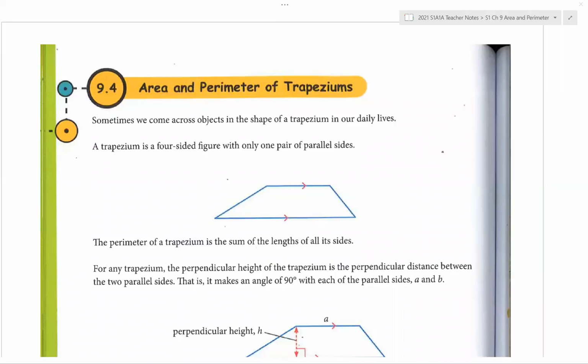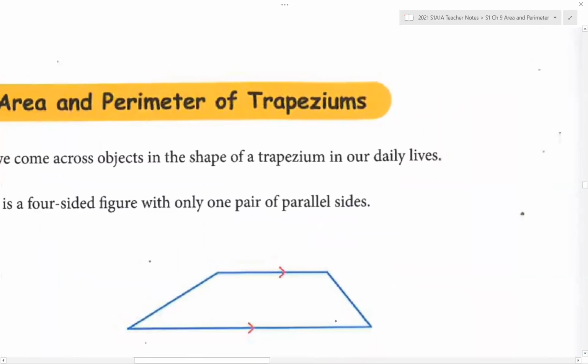This is the last shape. Okay, let's read it together. What is this word? TRA, track. Trapezium. Okay, one more time, everybody together. 1, 2, 3. Not everybody saying it. 1, 2, 3. Trapezium. Okay.